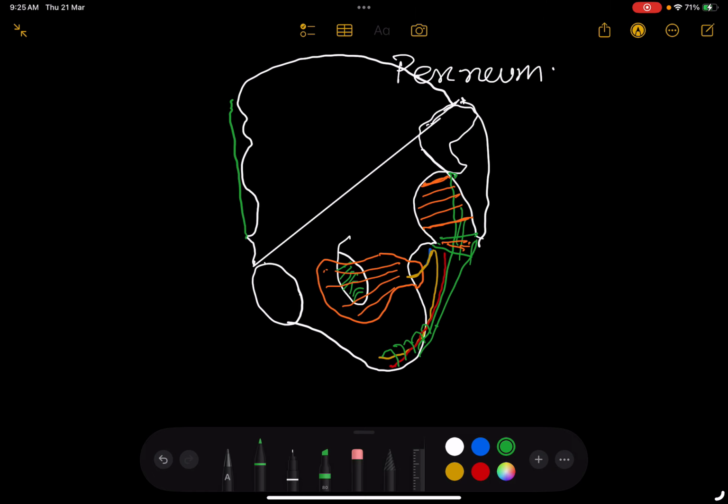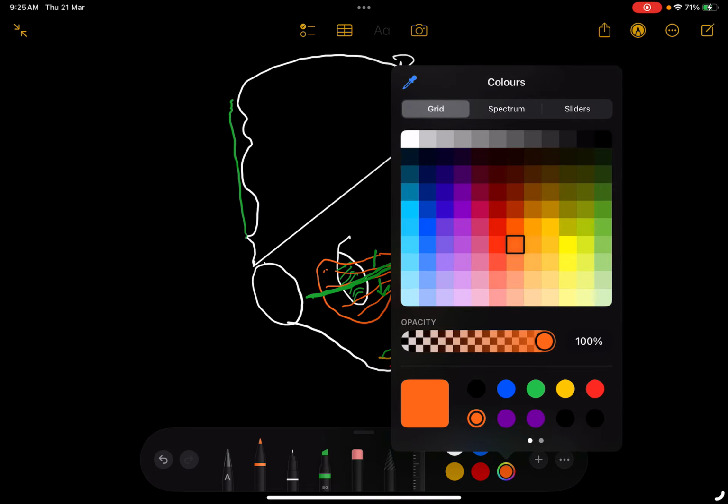We told you that from the pubic symphysis to the ischial spine is this tendon of the levator ani muscle, and between it and the obturator internus is the hiatus of Schwalbe. Above the levator ani is the pelvis, and below the levator ani is the perineum.